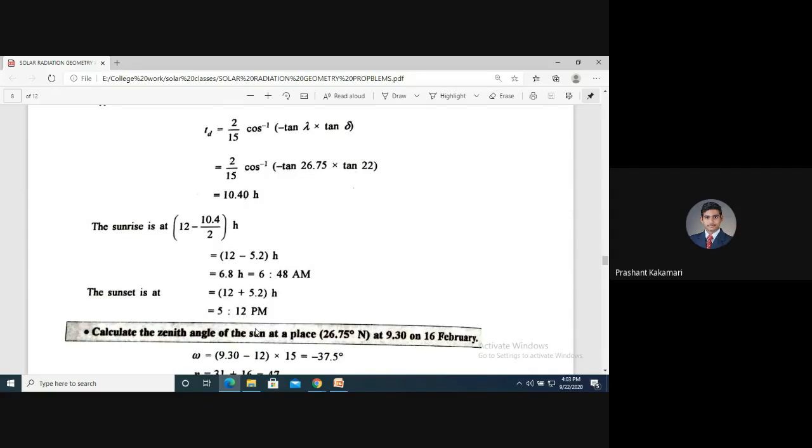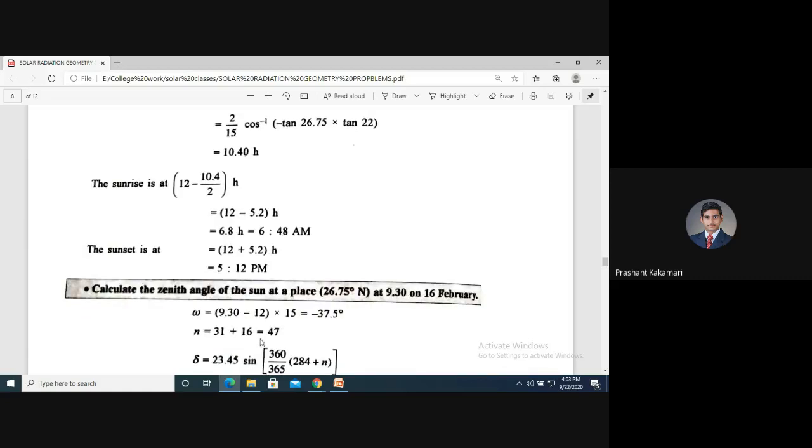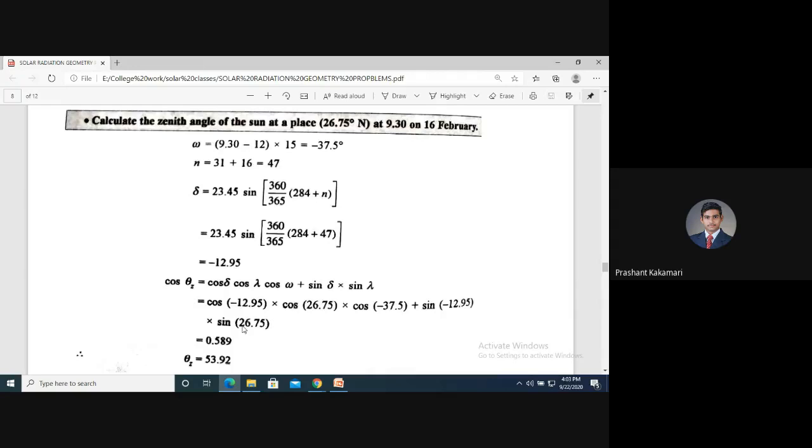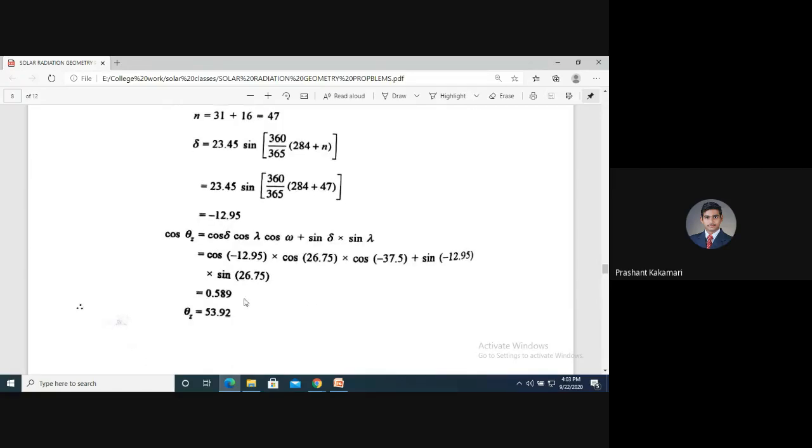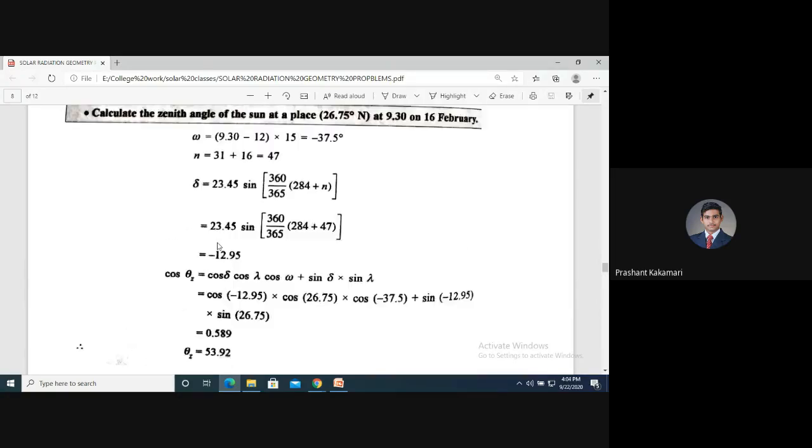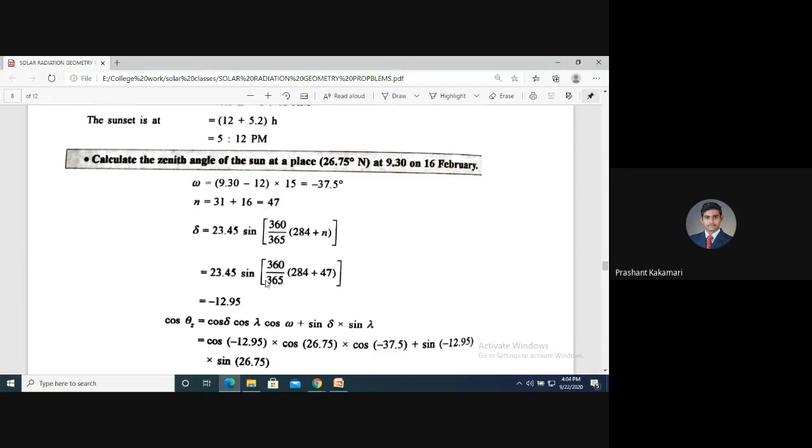So this is how we solve the given problem for sunrise and sunset. Next is the zenith angle. You all can do it. We'll not go in depth for this problem because in earlier problems we have covered the zenith angle relation, the declination and all other values.